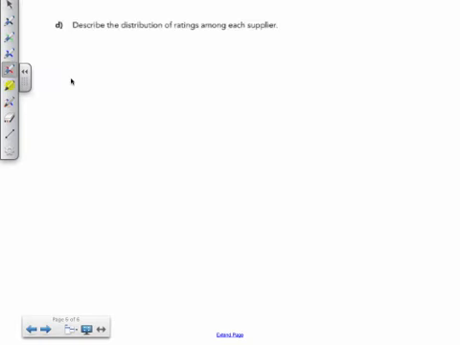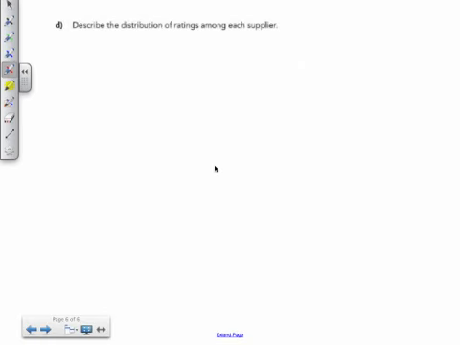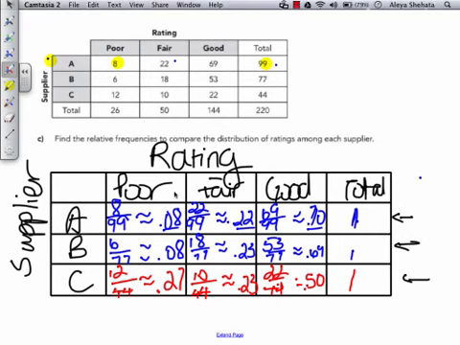All right, so now question D says to describe the distribution of ratings among each supplier. So same thing, we're going to write some descriptions and understand what it is saying exactly inside of here. So if you take a look at this right here, remember we said that this means that out of all of supplier A items, 8% were rated as poor. Okay, so we would say that right here.